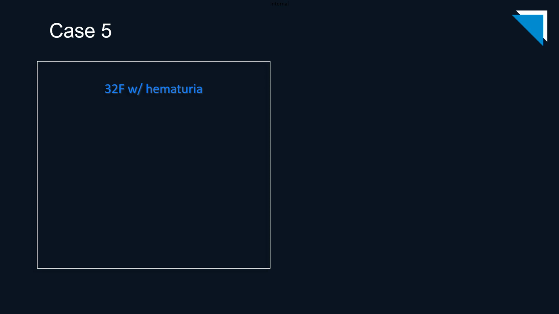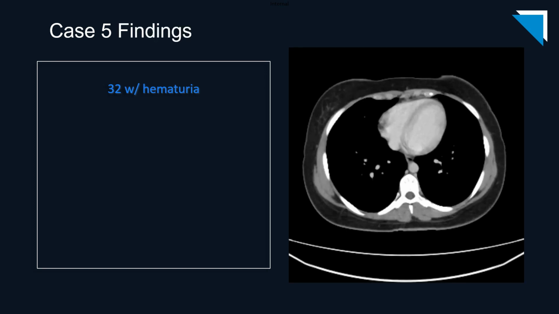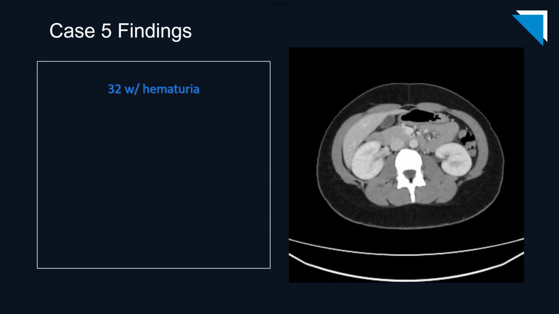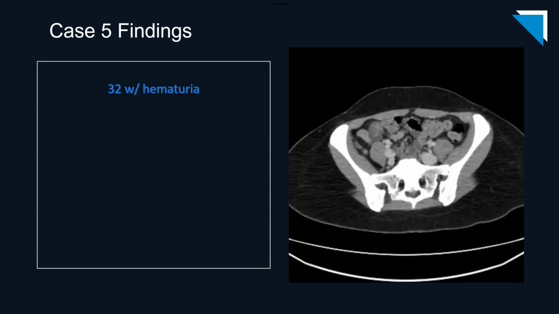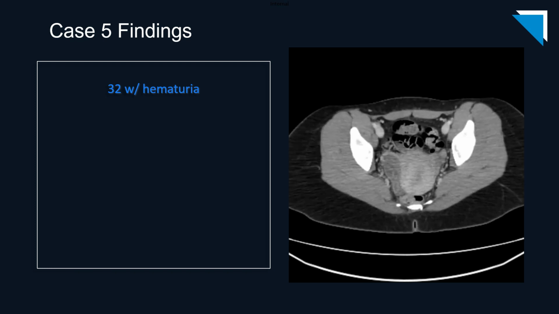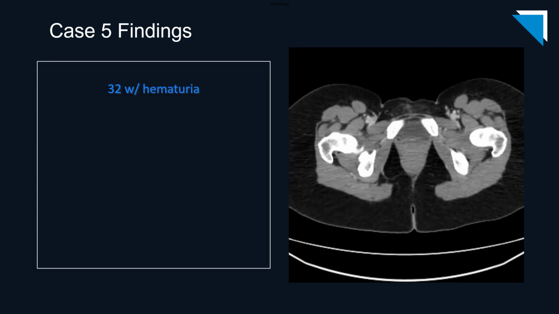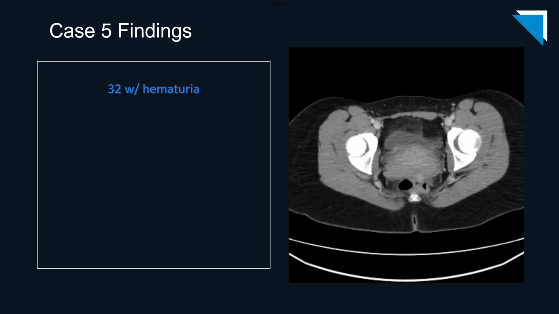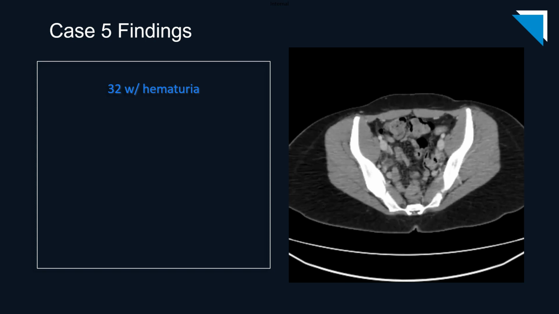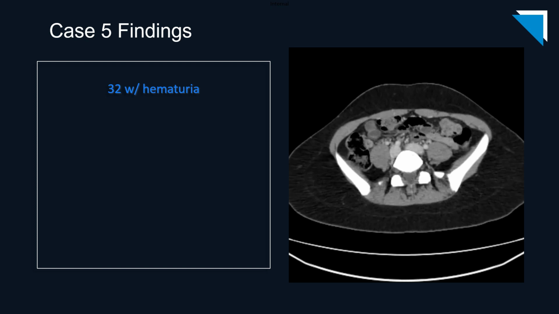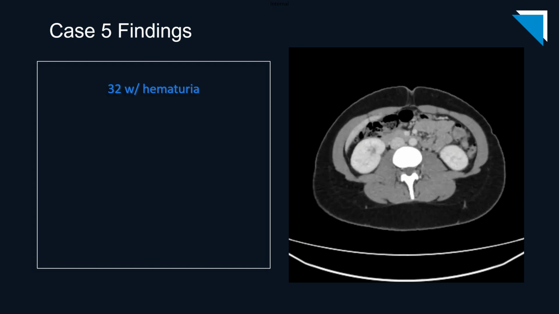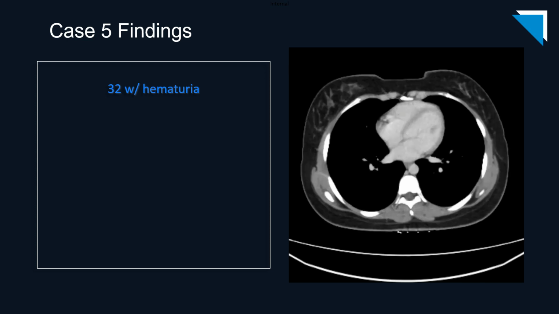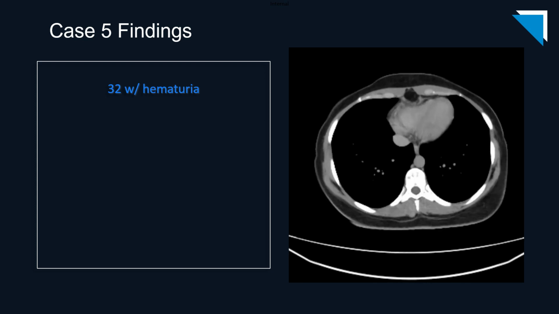This is a 32-year-old woman with hematuria. These are axial images from a contrast-enhanced CT scan of the abdomen and pelvis. The delayed images from the same study.